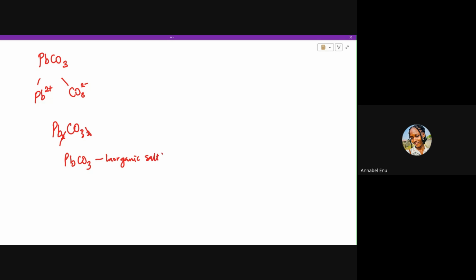Okay, so in our test process, we know that we are making use of a salt, and then starch. Starch is organic in nature. It is a kind of carbohydrate, a complex carbohydrate, and it is not a salt.